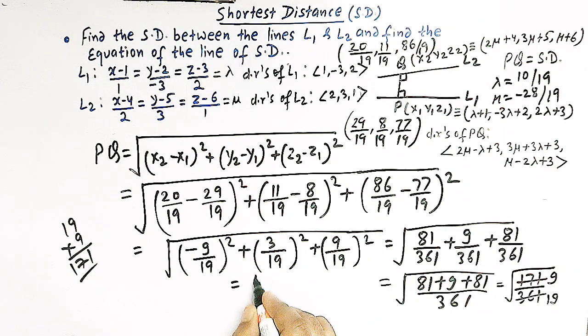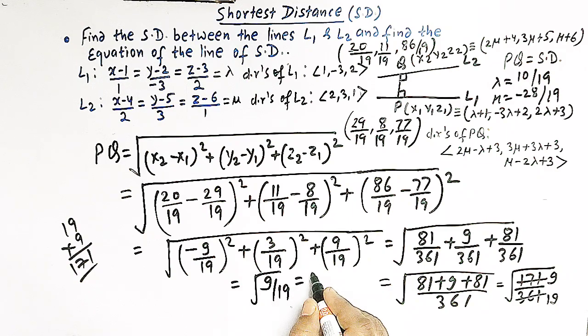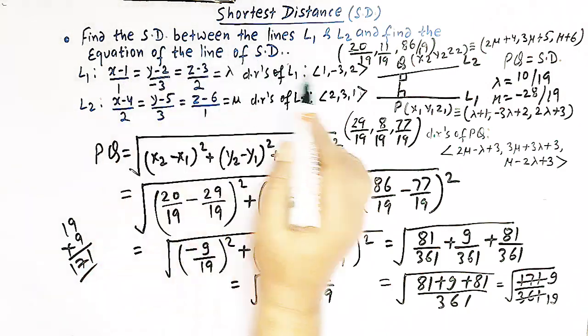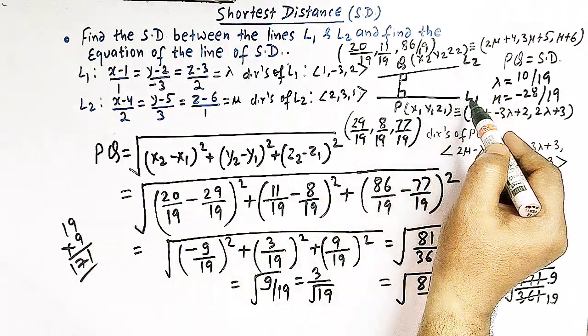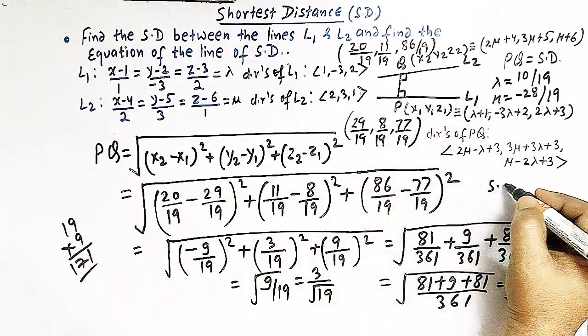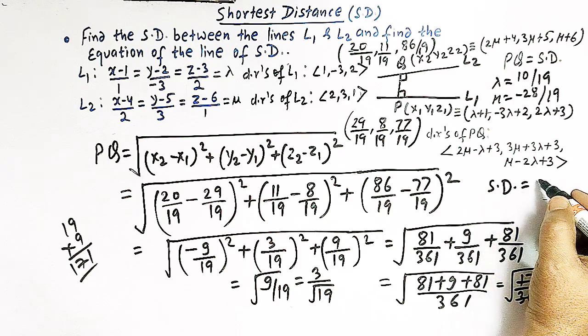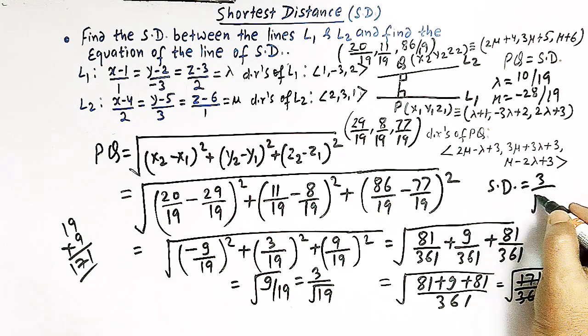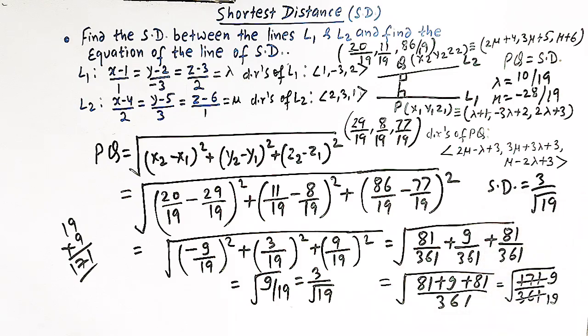So we have square root of 9 over 19, that is 3 over square root of 19. So the square root of 9 is 3. So the shortest distance between these two non-coplanar lines is given by 3 over square root of 19.